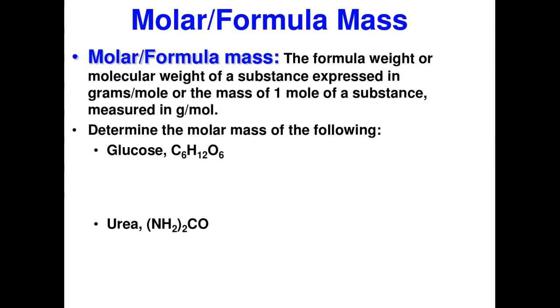A formula mass or a molar mass simply represents that molecular weight or the formula weight that we calculated, but this time you attach the value of grams per mole to it. So if you calculate the molecular weight of a substance or the formula weight of a substance and express it in grams per mole, or you can say the mass of 1 mole of that substance, that is what we call the molar mass or the formula mass.